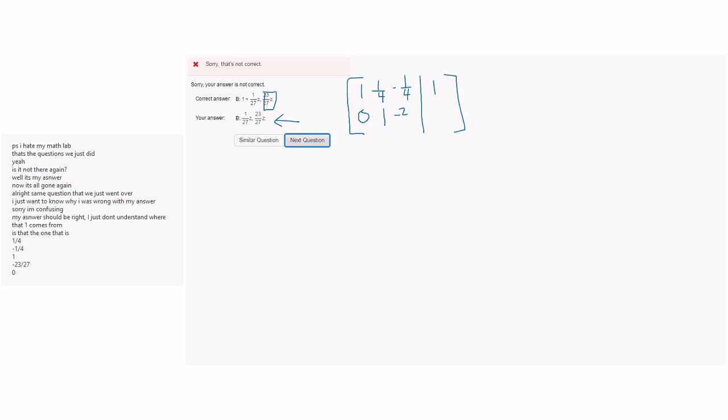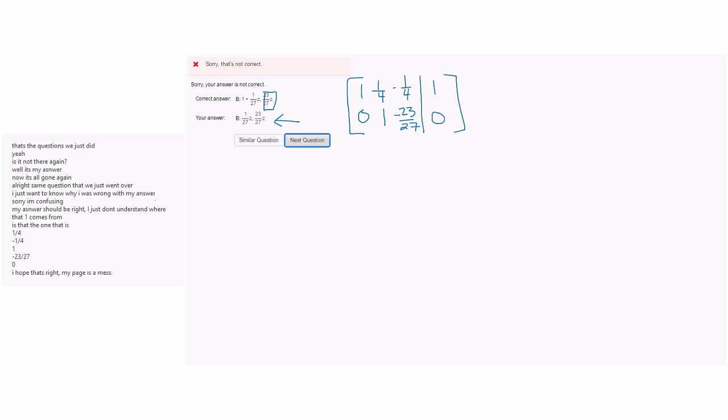Let's see if we can problem solve where we went wrong. No, I think that looks good.